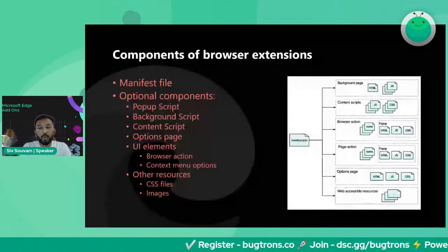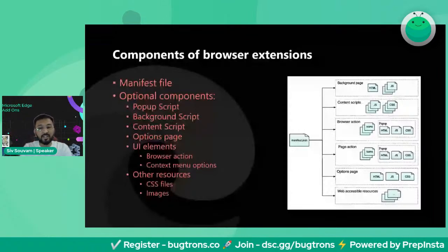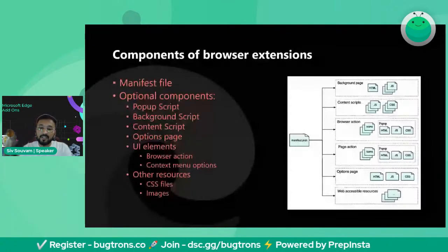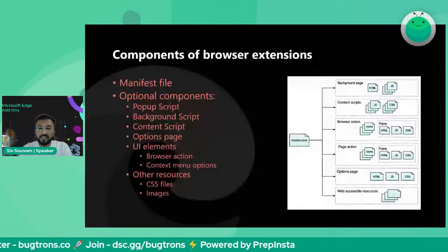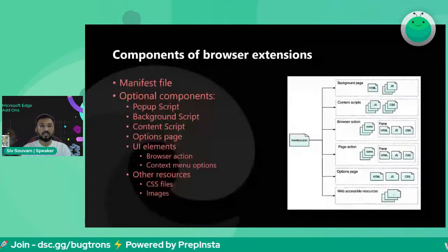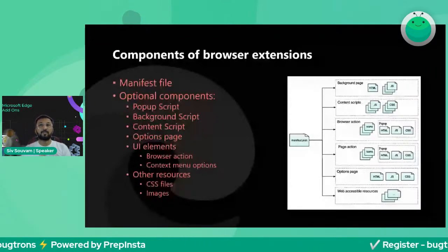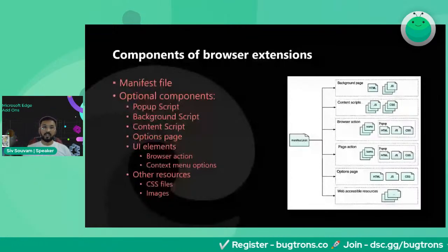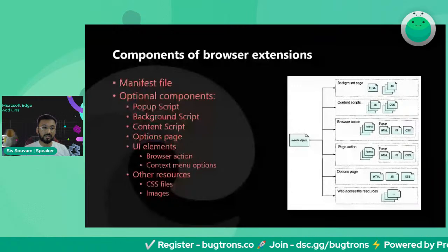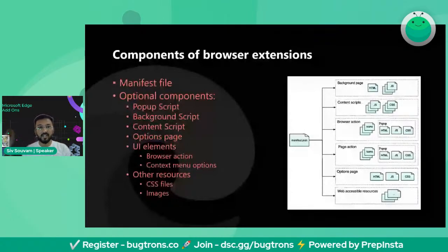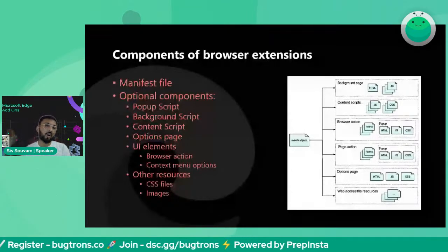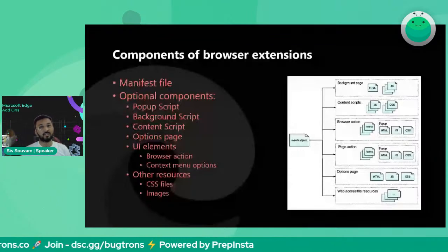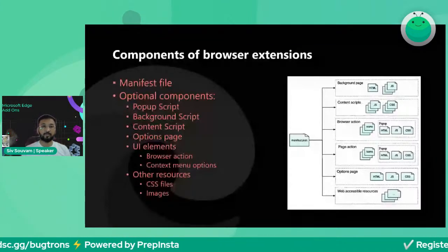It's code that executes after the web page loads, and affects and manipulates the content. So Grammarly and ad blockers are content scripts. Once a web page is loaded, it gives you the possibility to alter things in the web page.